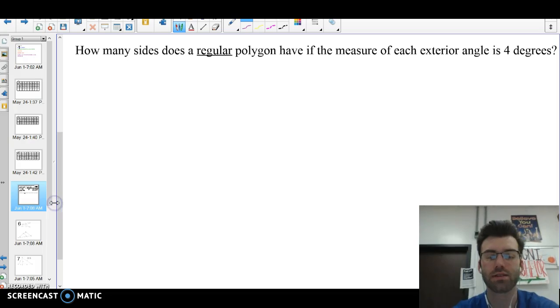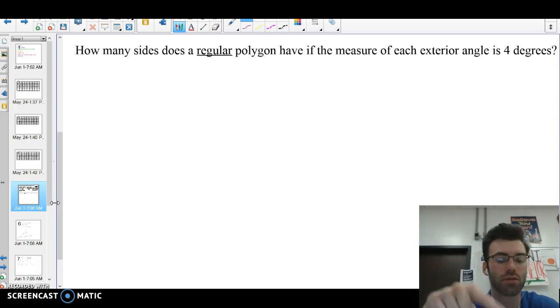How many sides does a regular polygon have if the measure of each exterior angle is 4 degrees? Remember, the sum of all the exterior angles is always going to be 360.